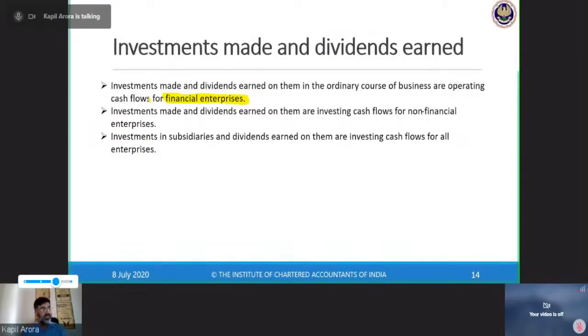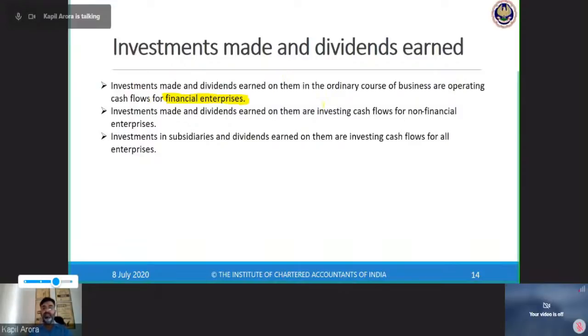Diksha, we do include interest as part of inventory cost. If you remember, I discussed borrowing cost, AS 16. Borrowing cost can get added to those inventories which take a substantial period of time, more than 12 months. If you remember, we took the example of wine or real estate. Okay, coming back to this, investment made and dividend earned for financial enterprises is always part of operations.